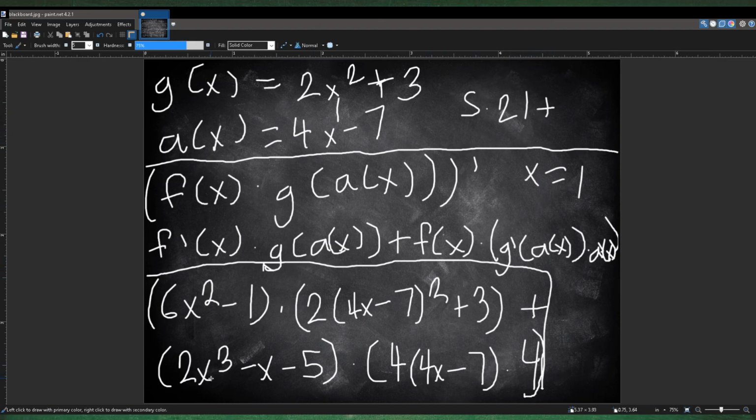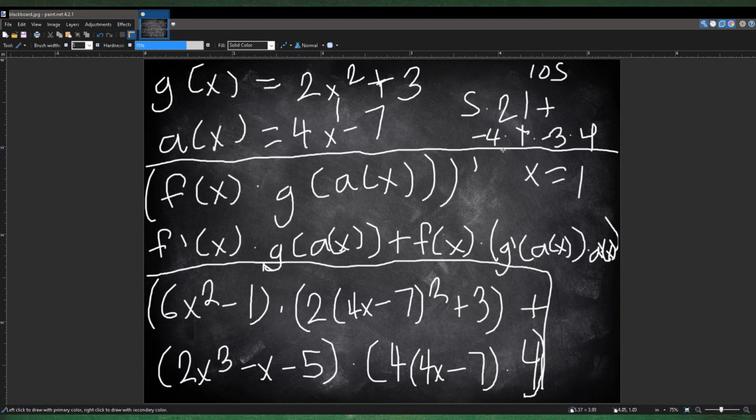Right, you plug in 1 here, so that's 1. So 2 times 1 minus 1, that's just 1. So 1 minus 5 is negative 4. Plus negative 4 times 4 times the 4x minus 7. So plug in 1 here, that's 4. 4 minus 7 is negative 3. And then you still have a 4 here. So this is 105.